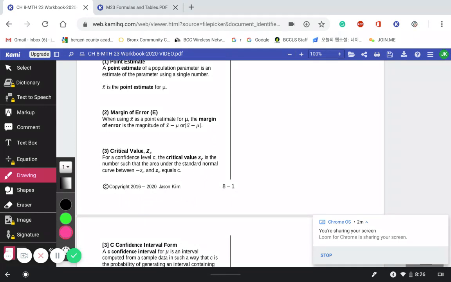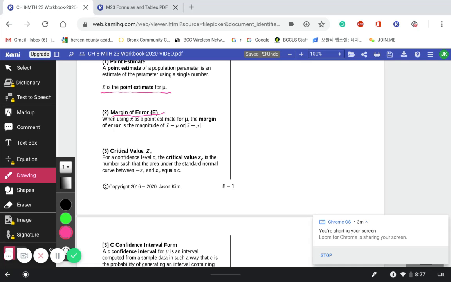To find this mean value or predict the mean value, we use this margin of error concept, as well as the point of estimate, which we usually use for the sample means.